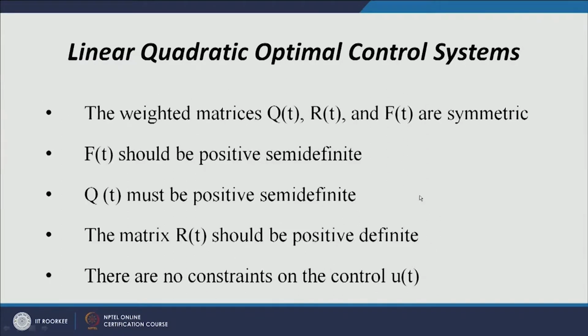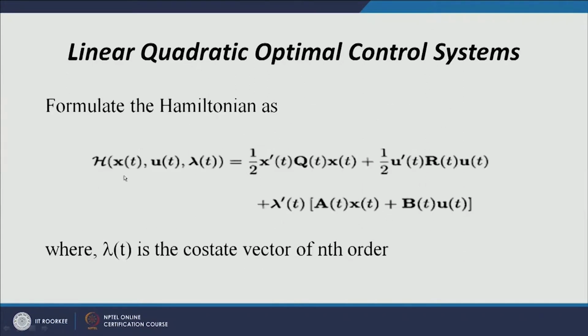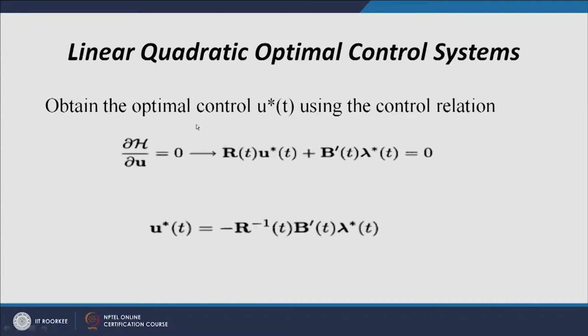And this LQR problem we solve using the Hamiltonian approach. First we write the Hamiltonian, which is half of x prime Q x plus u prime R u plus lambda prime times A x plus B u. With this, my first condition is del H by del u equal to 0, which gives me u equal to minus R inverse B prime lambda.